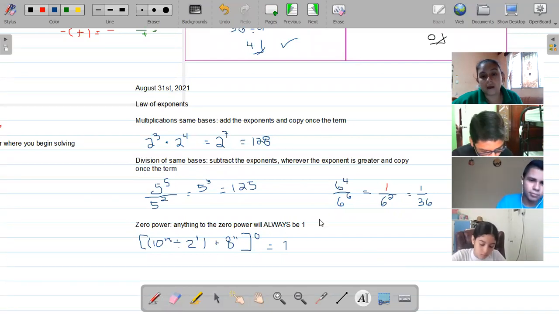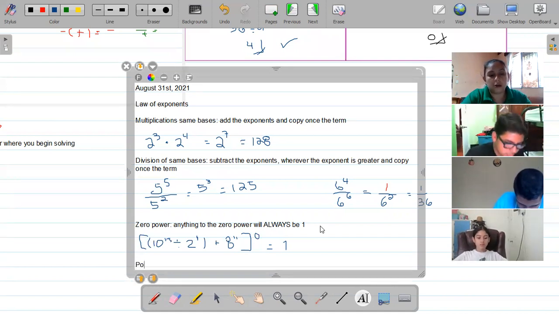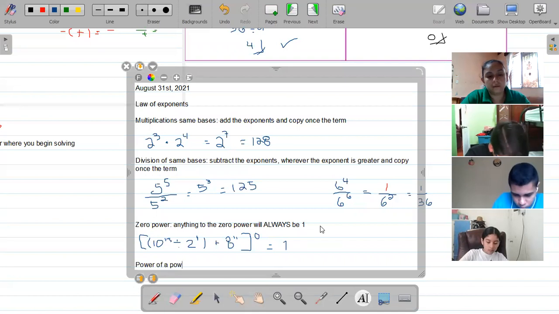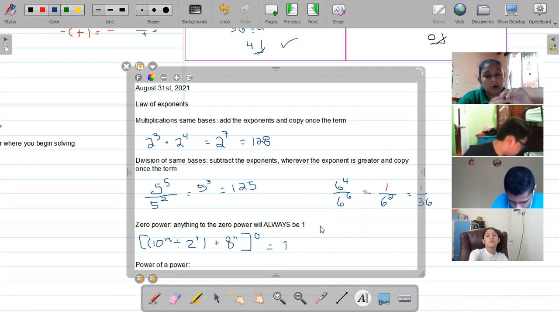Yes? Okay. Now, we're going to do another one that's called power of a power. Power of a power is when we have an exponent outside of parentheses affecting something that doesn't have any other operation at all.